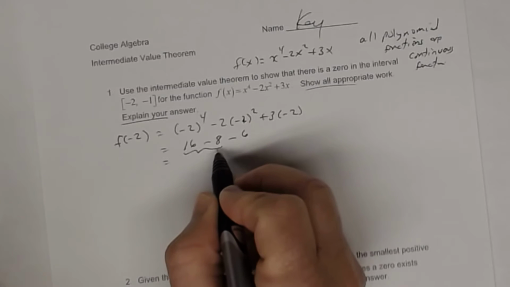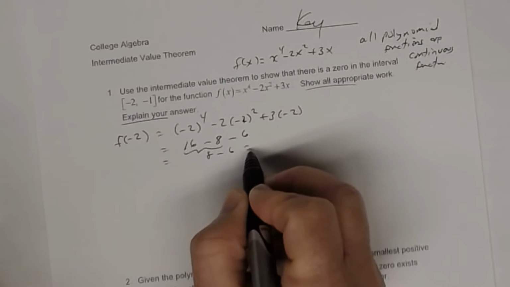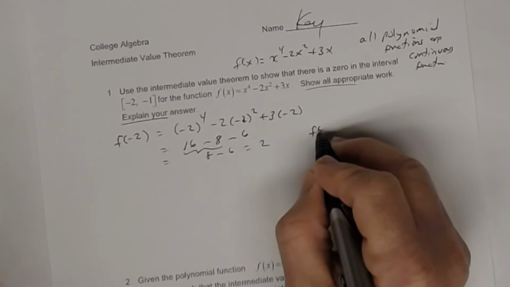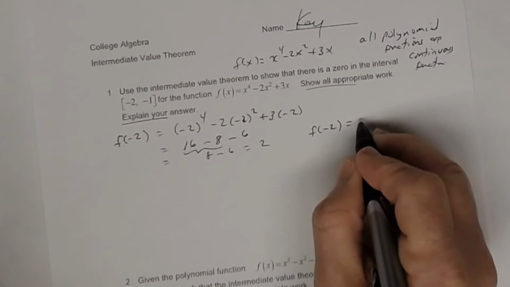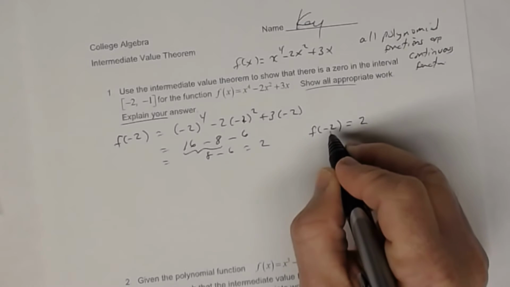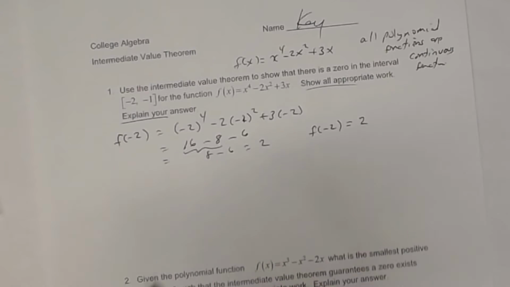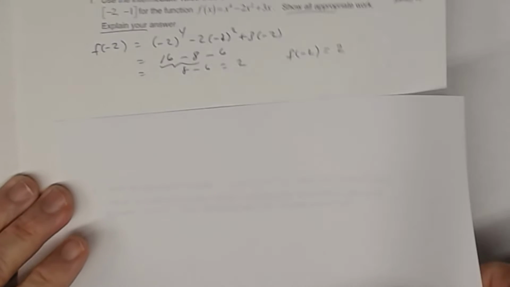Combining like terms, 16 minus 8 is 8, and 8 minus 6 is 2. So f of negative 2 is equal to 2. When x is negative 2, my y value is a positive 2. So if you were to look at it this way, let me go ahead and do this.